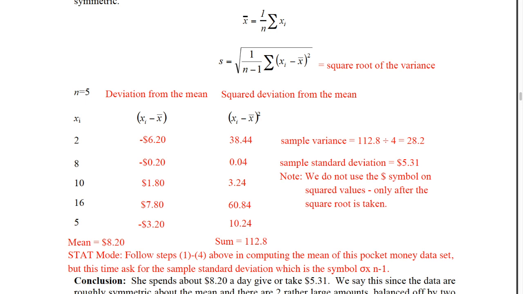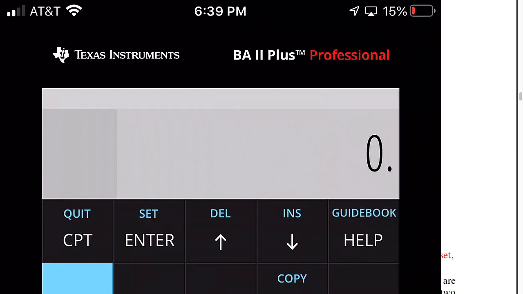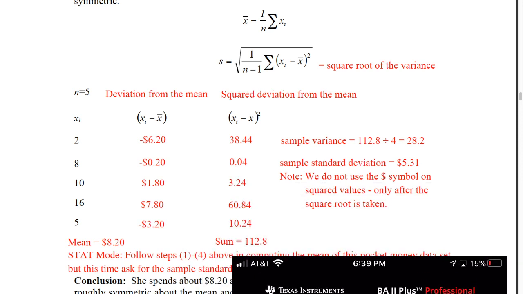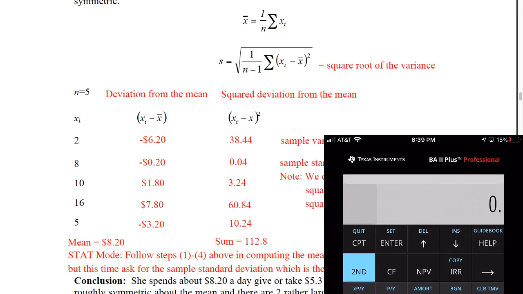I'm going to put the calculator on the screen. I guess I have to make it really small to fit it in.